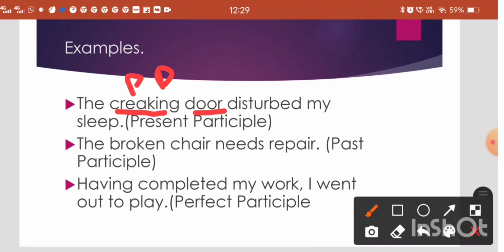The broken chair, what kind of chair? Broken chair. Again, broken is qualifying the noun chair, describing the chair. So it is past participle because broken is the third form of the verb. And having completed, we have used here having plus third form. So this is perfect participle. And both past and perfect participle show the action taking place in the past. Means the action is completed. And present participle shows the action which is not complete, which is going on. So that's why we use present participles in continuous or progressive tenses.